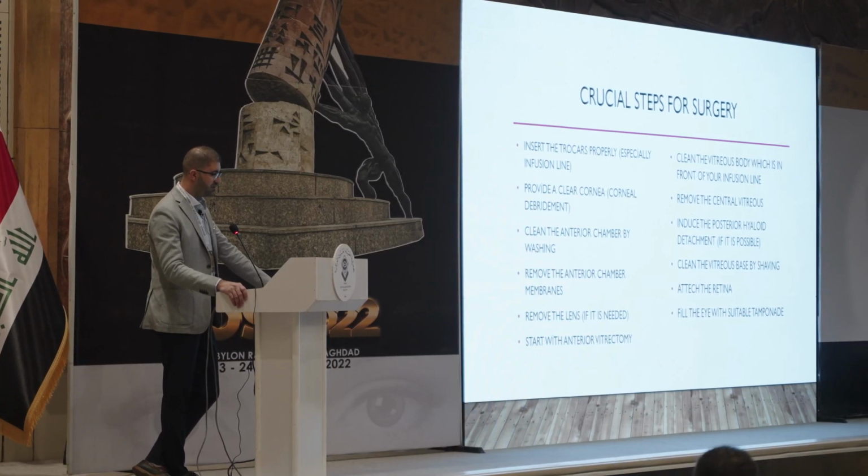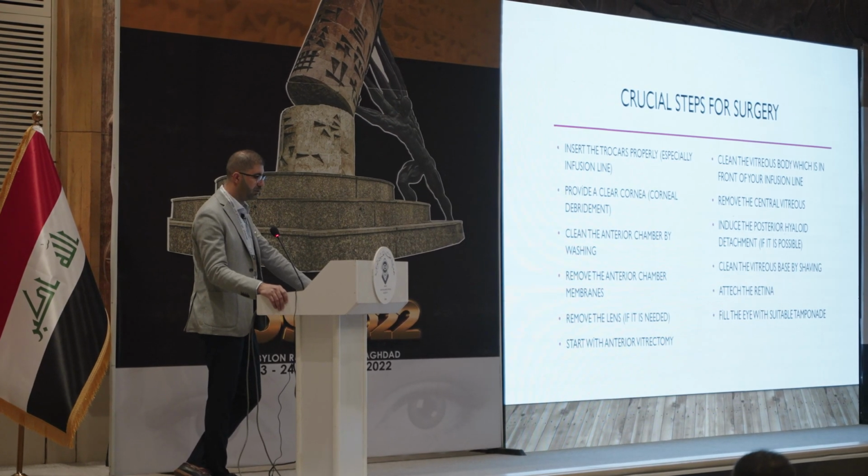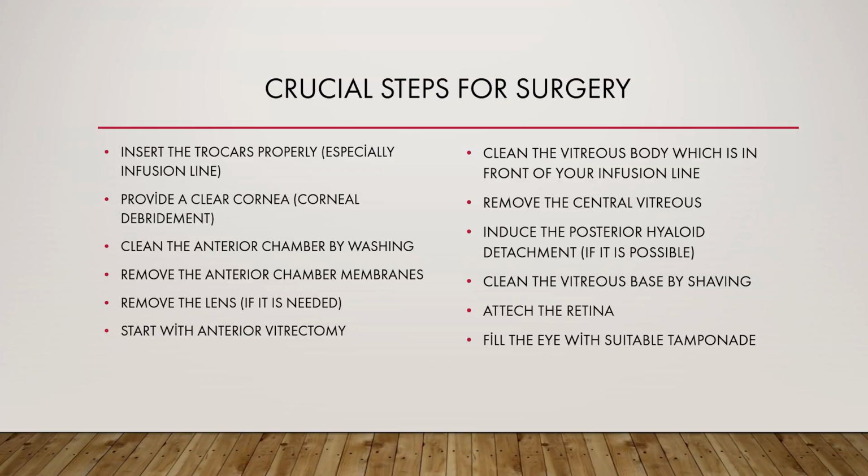If you decide to do vitrectomy for any endophthalmitis case, you have to follow some steps. There are some crucial steps in endophthalmitis surgery. First, you have to insert the trocar properly. Then you provide a clear cornea, clean the anterior chamber membrane, and remove the lens if it is needed. It is not mandatory for all endophthalmitis cases.